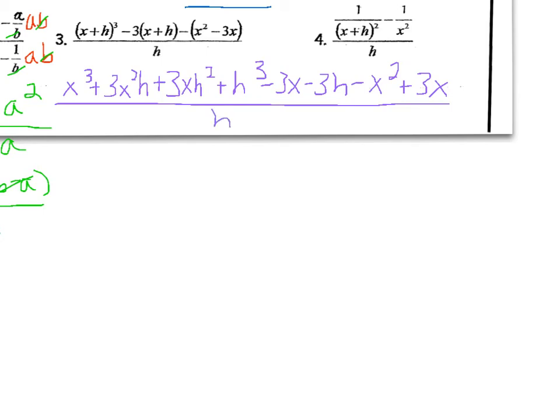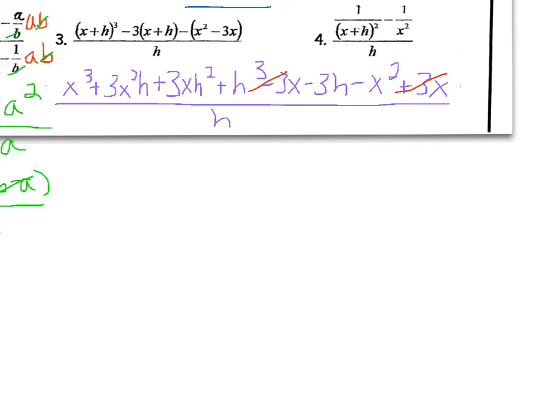Now we want to see if we can simplify. So it looks like our 3x's will cancel. And that is it.